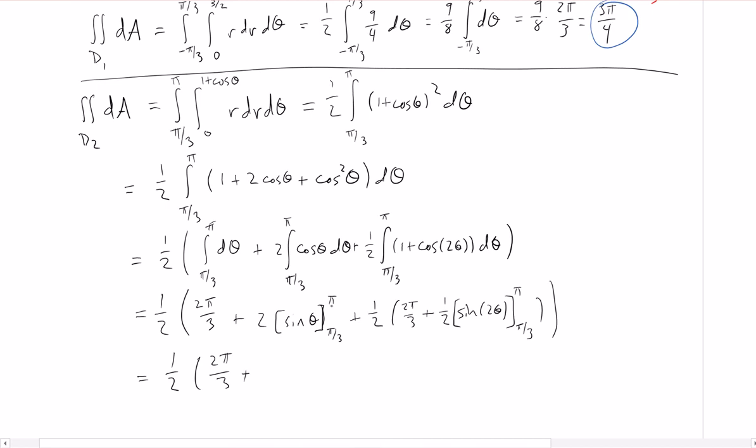So sine of pi is 0. Sine of pi over 3 is square root of 3 over 2. But we have to subtract it, so 0 minus square root of 3 over 2, times 2, is minus square root of 3. Plus, let's distribute the 1/2.